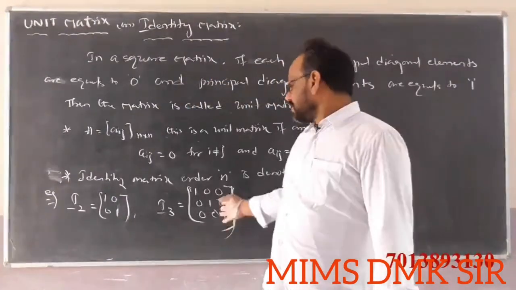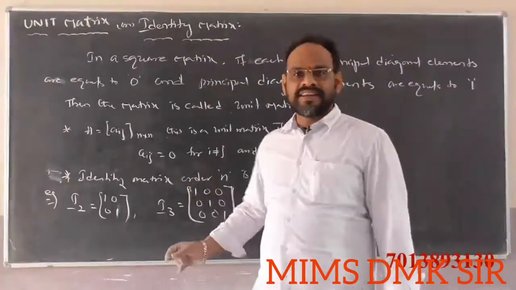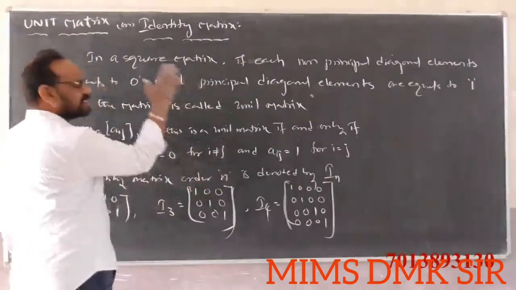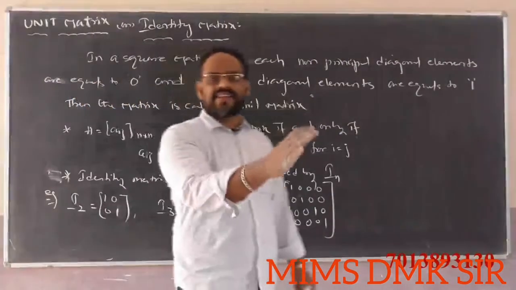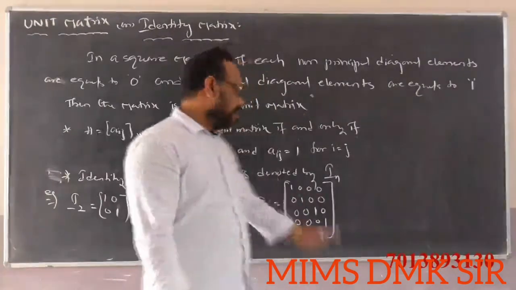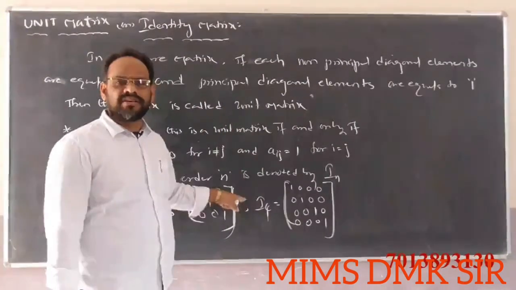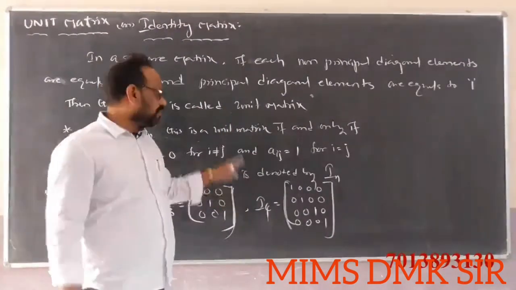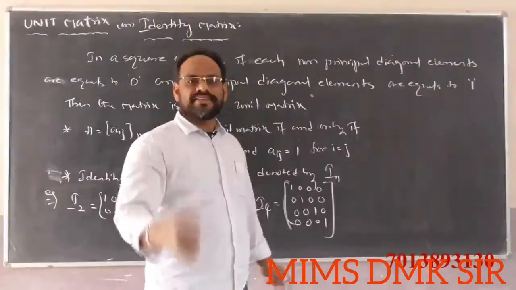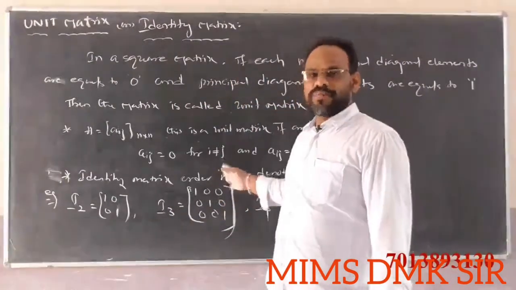Sir, is this not a scalar matrix? Yes, it is also a scalar matrix, but the specific name is the identity matrix. So all identity matrices are scalar matrices, and all identity matrices are diagonal matrices also. But not all scalar matrices or diagonal matrices are unit matrices. If the principal diagonal elements are equal to 1, then the scalar matrix is called a unit matrix or identity matrix.